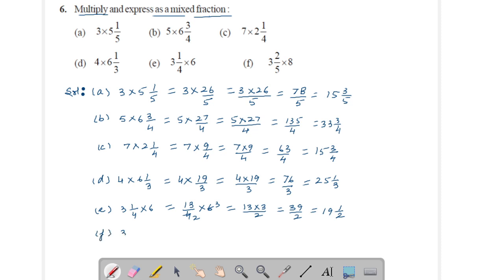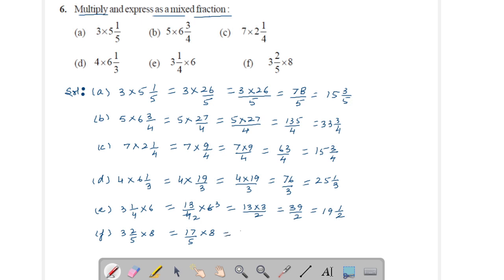It is 3, 2 upon 5 into 8. Convert into improper fraction, 3 5s are 15 plus 2, 17, 17 upon 5 into 8.